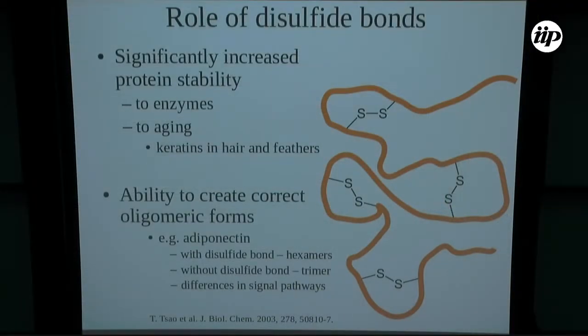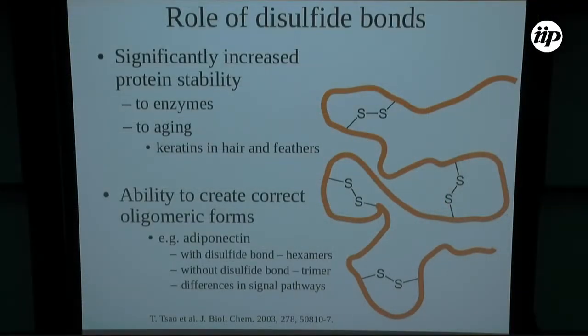In case of protein stability, for instance, due to aging, like keratins in hair or feathers, we do not care much about it. They are so stable and so isolated that they will not break so easily, or the time scale for their breaking is so long that we don't perform such long simulations.